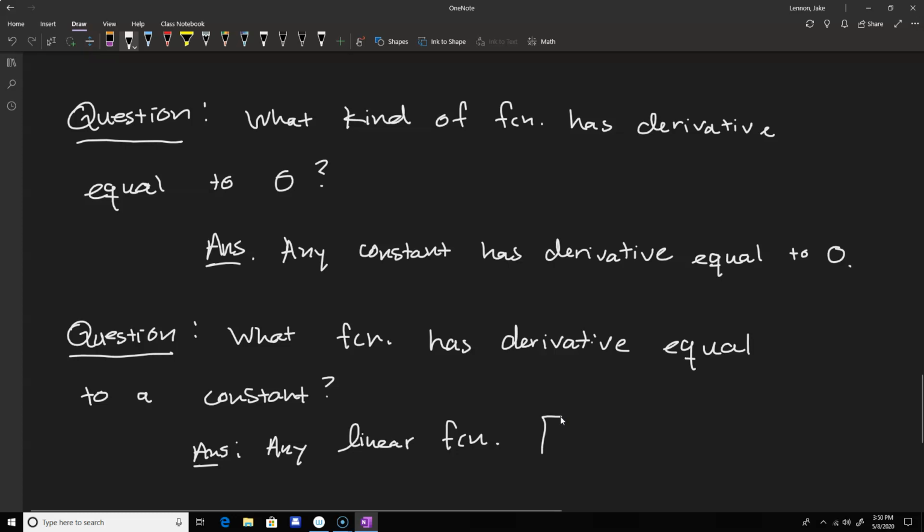So you could think about that if you took the derivative of, say, something like mx plus b. Here both m and b are constants. B is by itself, so it would have derivative 0. M is multiplied by x, so the rate of change is just the slope in front there of m.